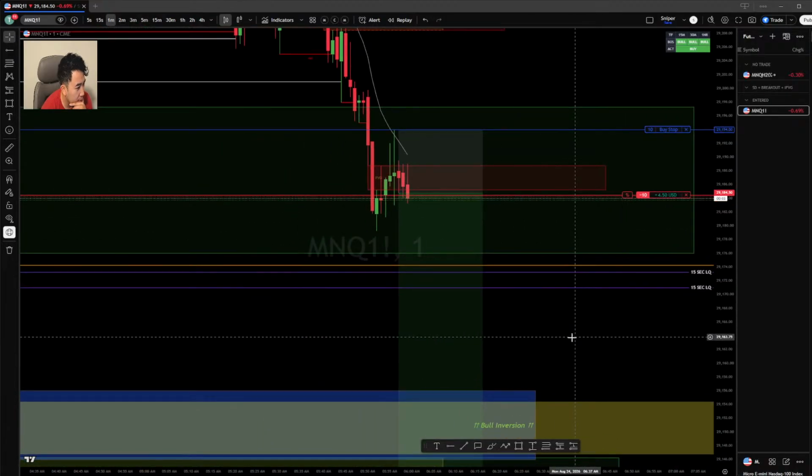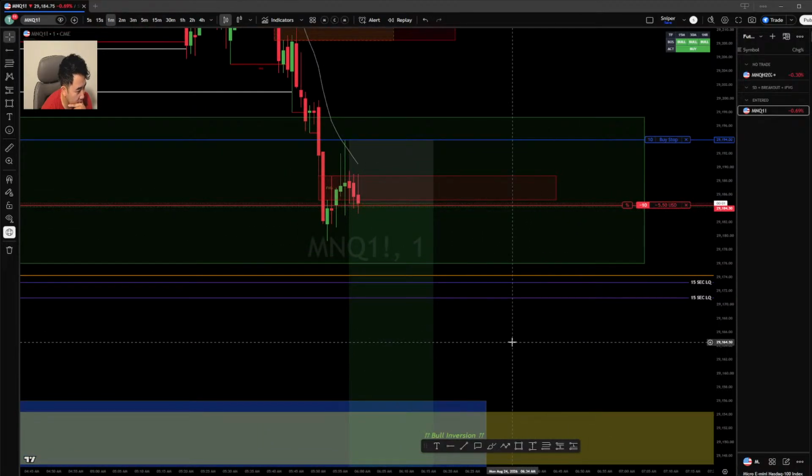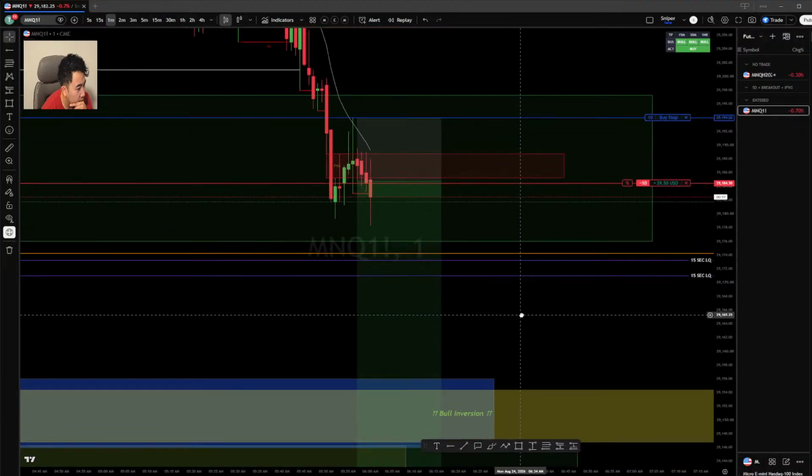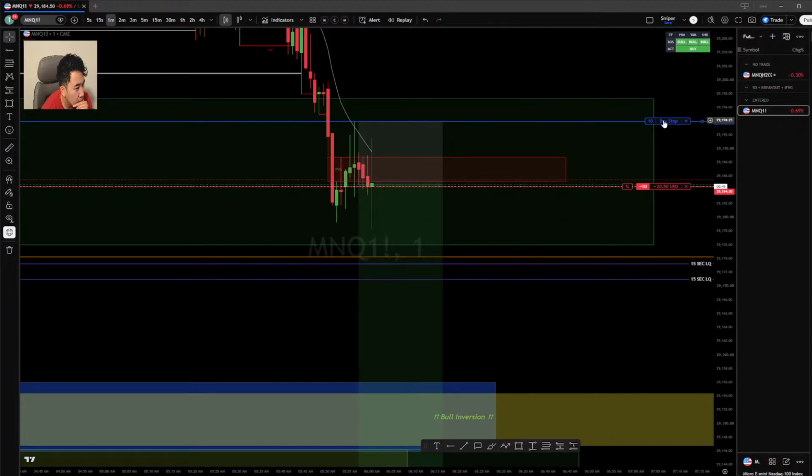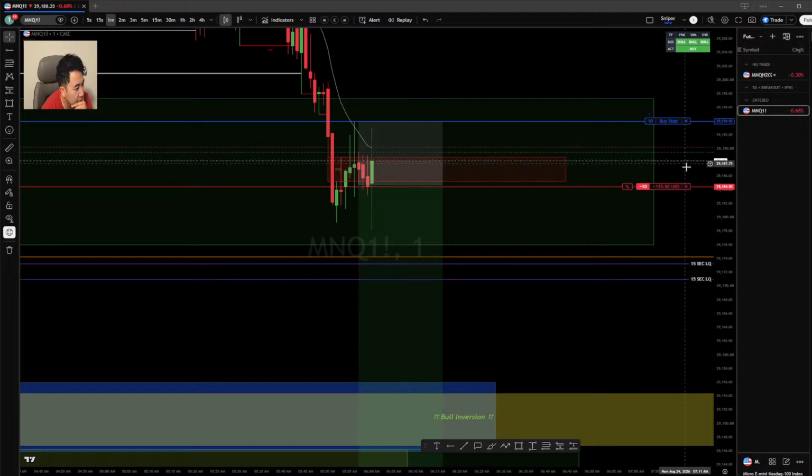I like this gap because it was initially connected to this bearish inversion. There was a 15-second.